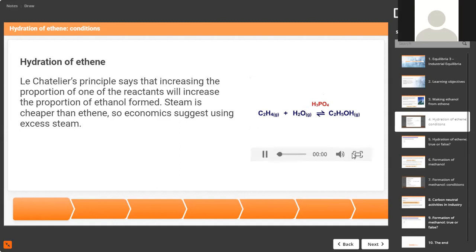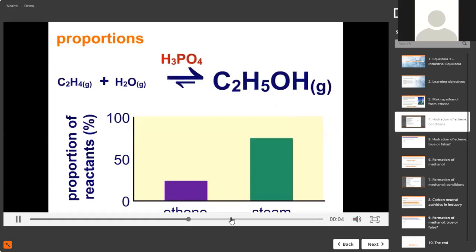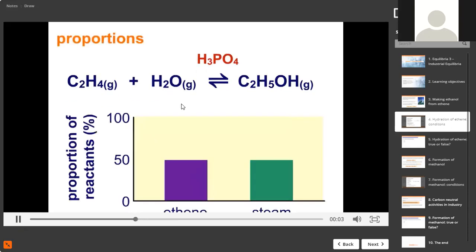So here we go. Ethene, water, phosphoric acid, ethanol. Proportions. So these are proportions of our reactants. So we've got ethene and steam, if we have them equal.